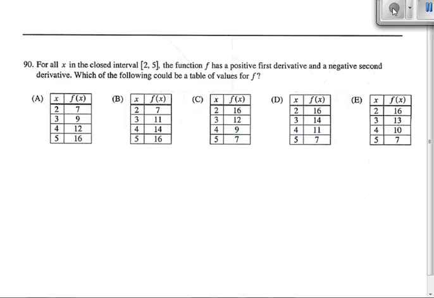Hey guys. Cole, how are you going to analyze this? We have a positive first derivative. If you have a positive first derivative, what does that tell you about your function? It's increasing. So, knowing that, Adam and Luke, I can throw out C, right?